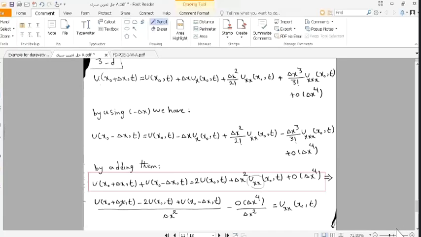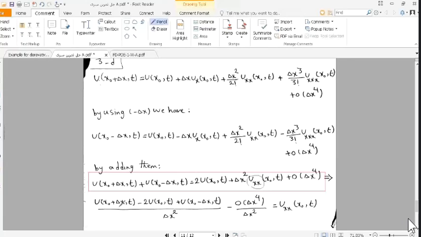This is equal to uxx at x0 and t. Delta x4 and delta x2 are simplified with each other, and we have the formula, the order of truncating error, O of delta x2. Okay?